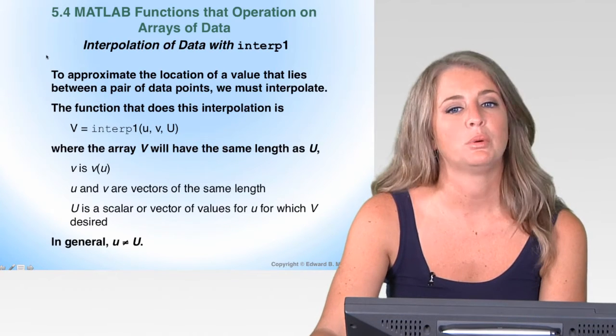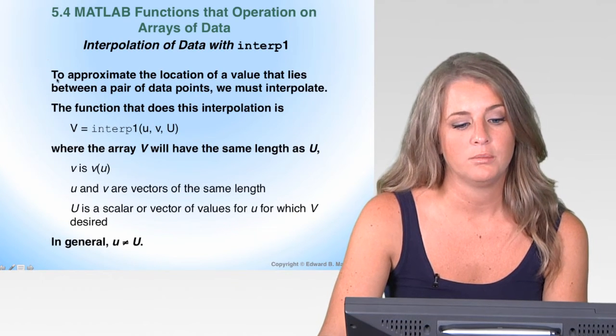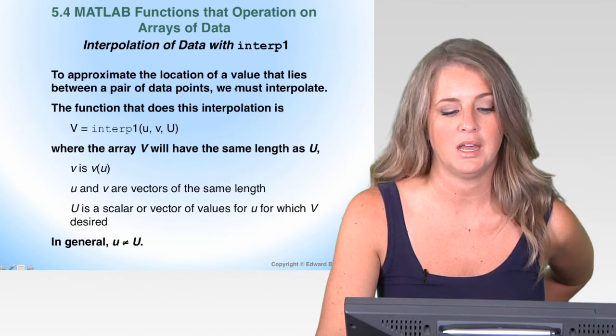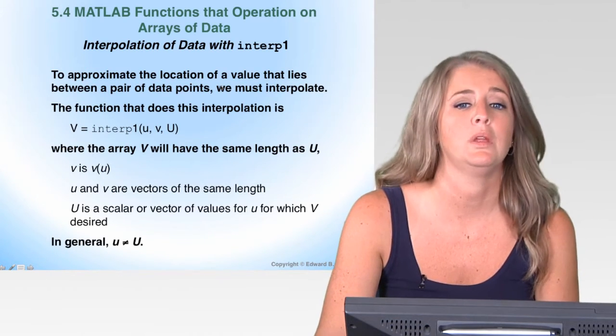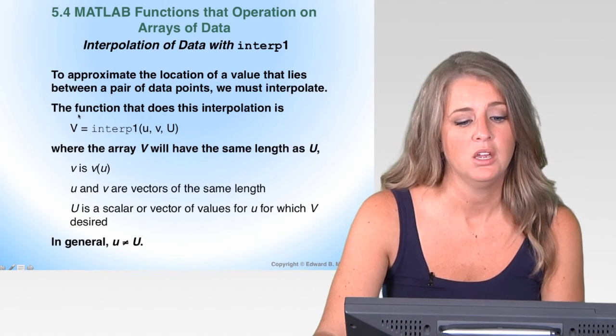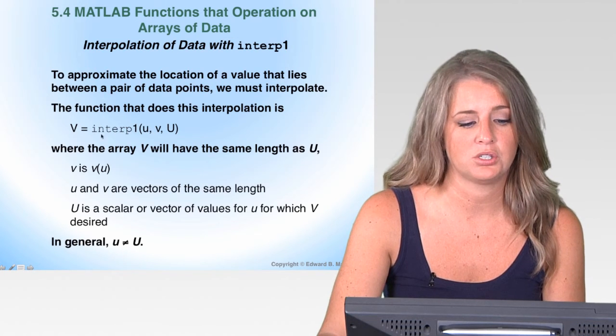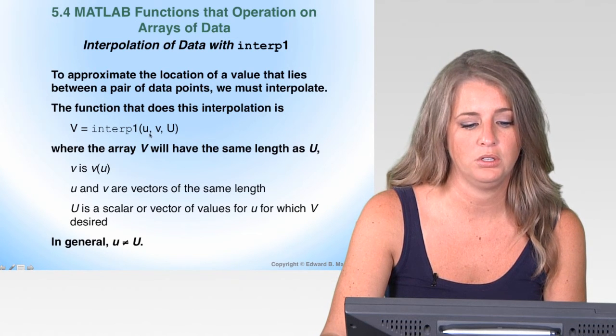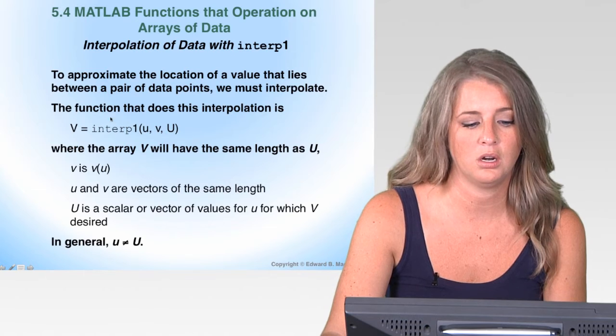We can also do interpolation of data. To approximate the location of a value that lies between a pair of data points, we must interpolate. So the function that does the interpolation is this here. u, v, and U are our input arguments.